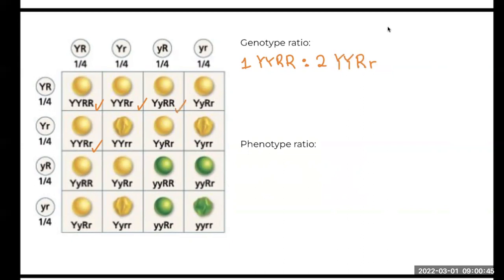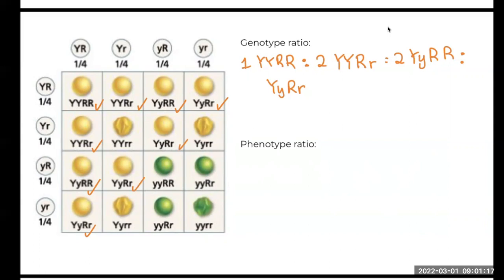And then these 2 are the same. So 2, big Y, little y, big R, big R. Actually, these two are also the same.